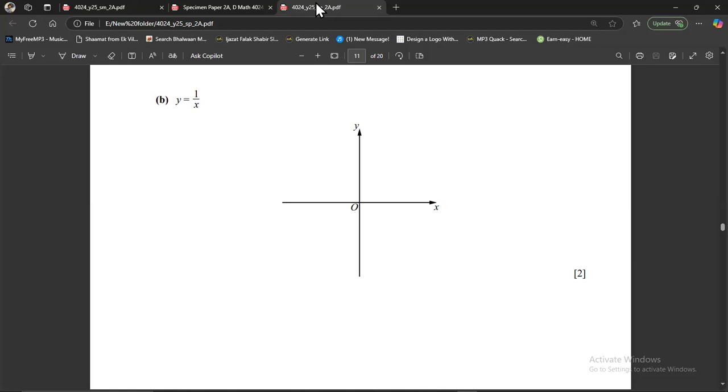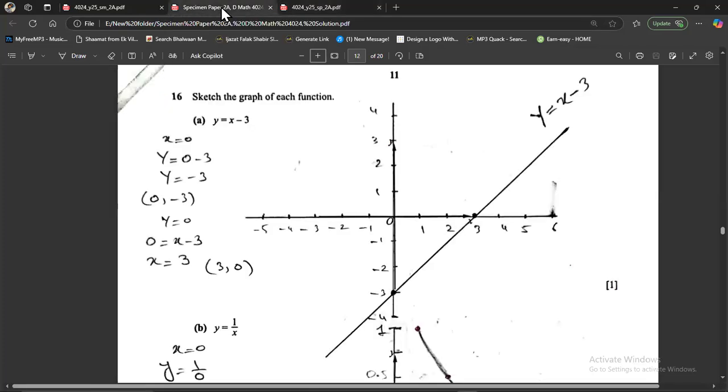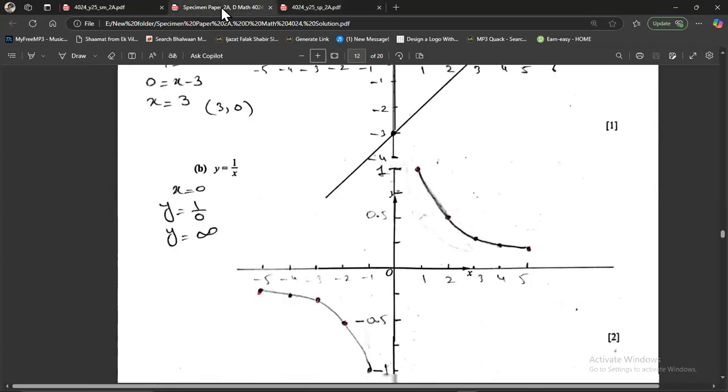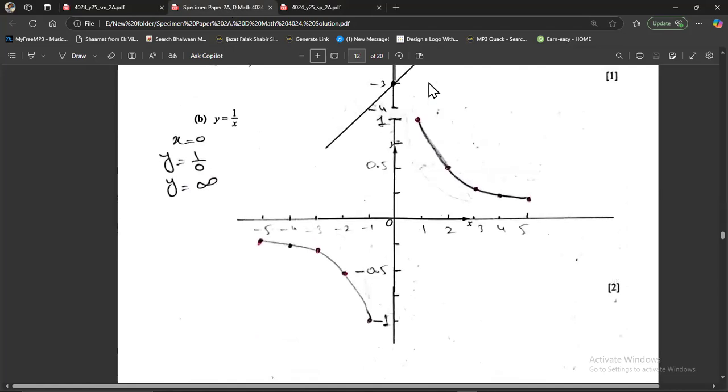The most important point here is when you put x equals 0, y will become infinite. So when y becomes infinite, that means on the graph, the graph will become a vertical line. So when x is 0, the graph will be a vertical line. As you increase the value of x, the y value will decrease.